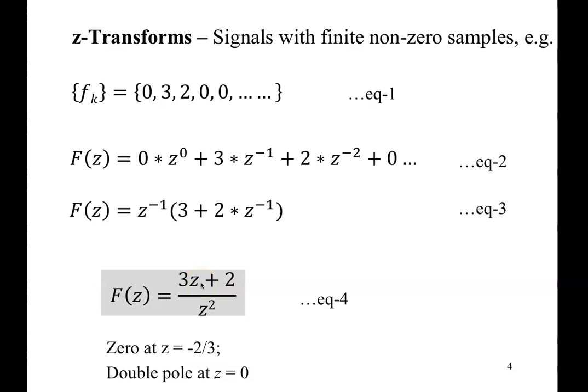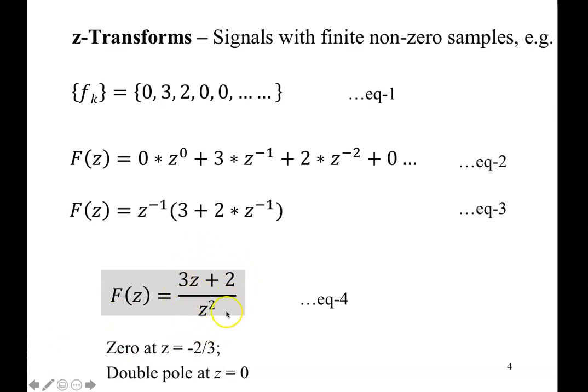Now, like Laplace transform, like transfer functions in continuous time, we also have the definitions of zeros and poles. If you equate the numerator terms to 0 and find the solution of that, that's your zero in the Z transform. If you equate the denominator terms to 0, you get your poles.